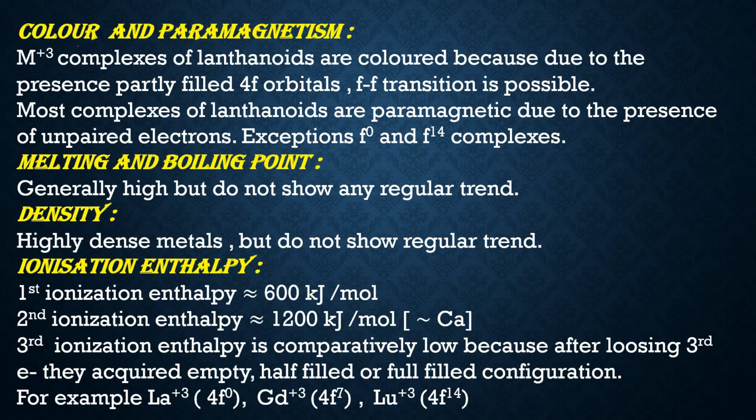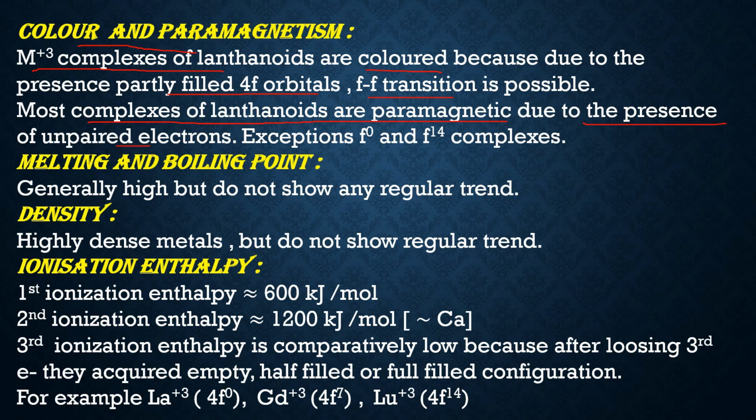The next property is color and paramagnetism. M+3 complexes of lanthanoids are colored due to the partly filled 4f orbitals, and due to these partly filled 4f orbitals, f-f transition is possible, hence they show color. Similarly, most of the complexes of lanthanoids are paramagnetic in nature due to the presence of unpaired electrons.